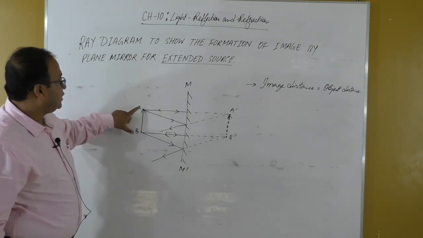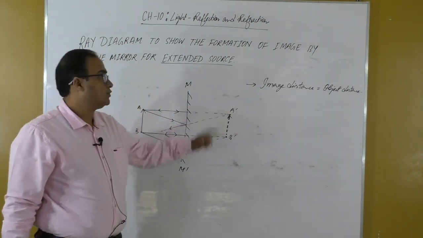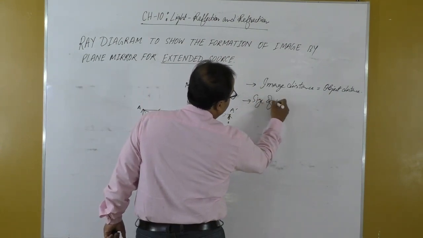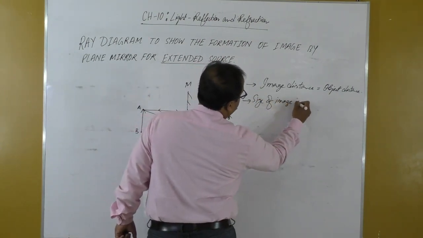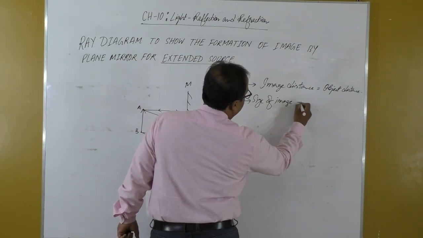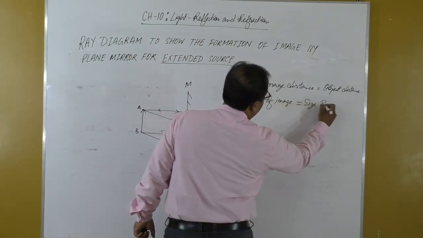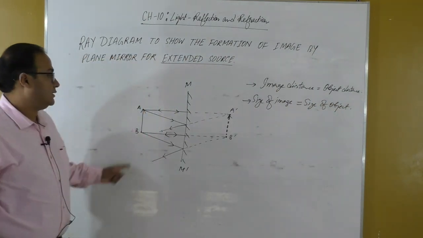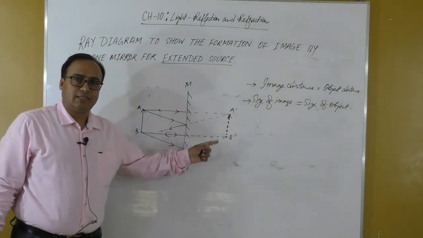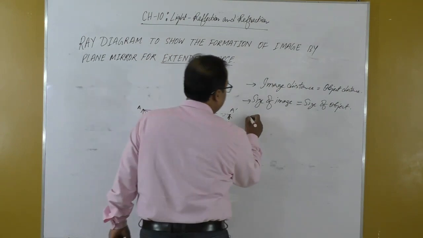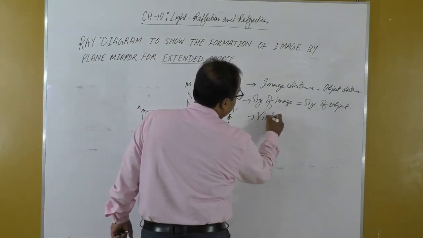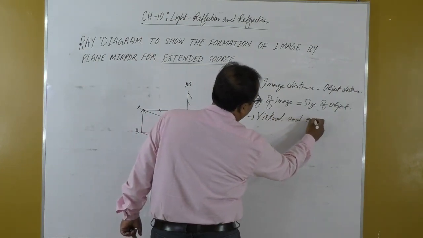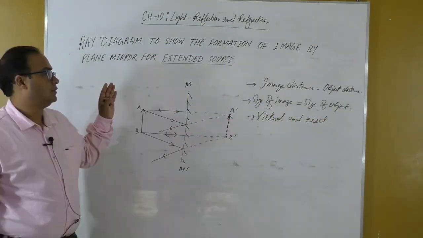Second one, size of object and size of image are the same, so we can write size of image is equal to the size of object. And the third one, since there is no actual intersection of light rays, we can say that the image is virtual, and we know that virtual images are erect, so we can write virtual and erect image.